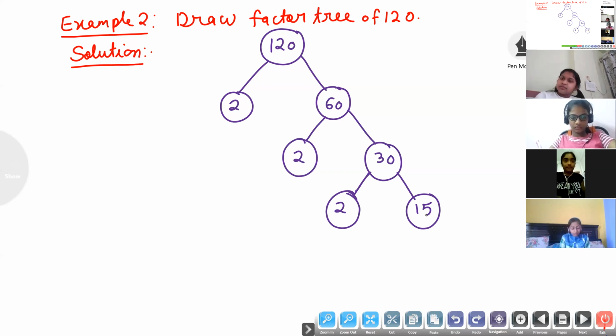Again I want to use the divisibility rule of 3. 5 plus 1 is 6. Then I will divide by 3, and the answer will become 5.